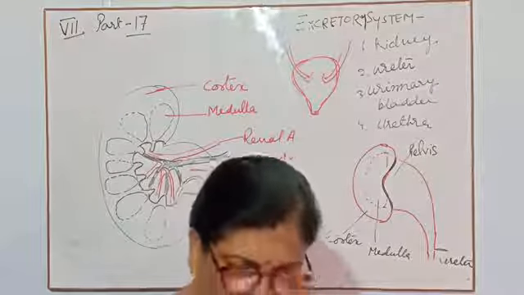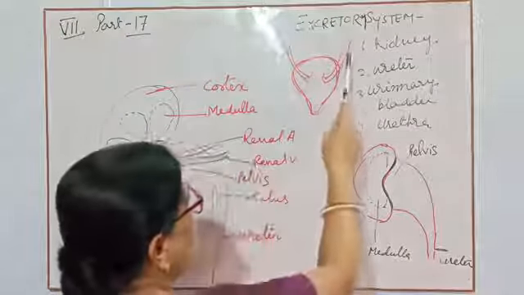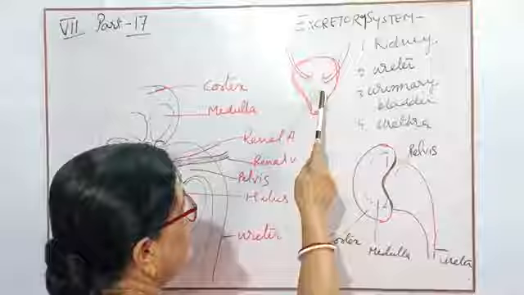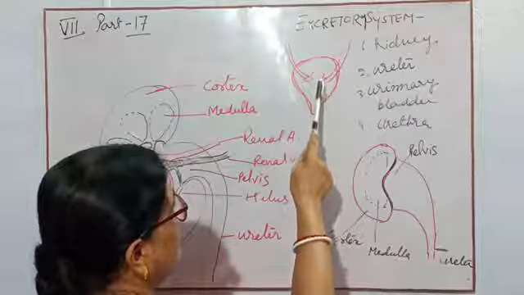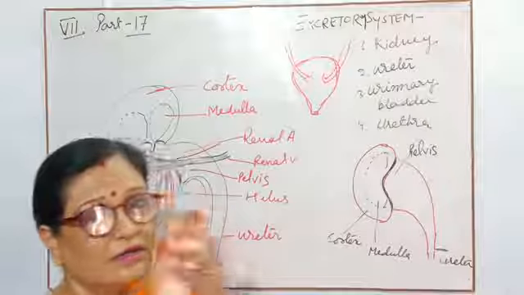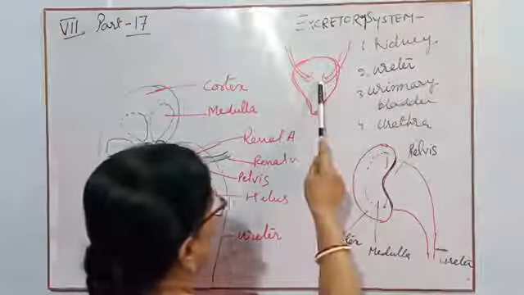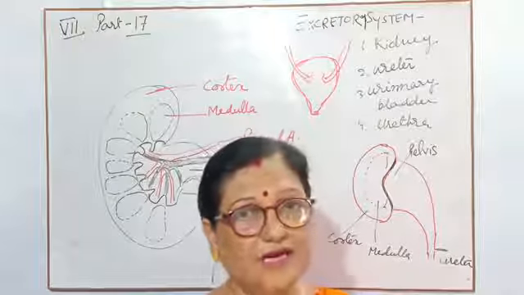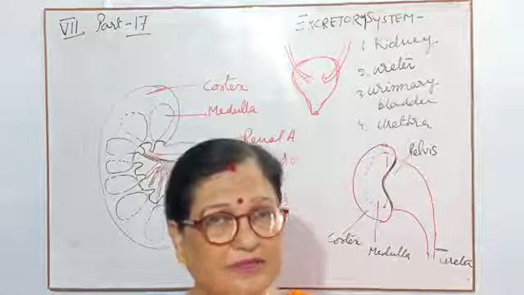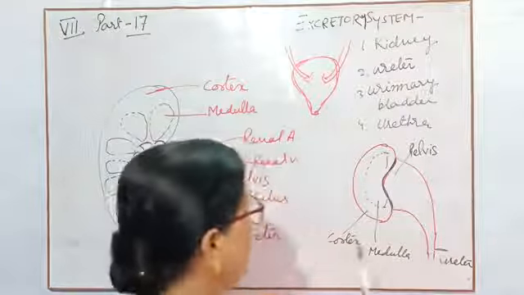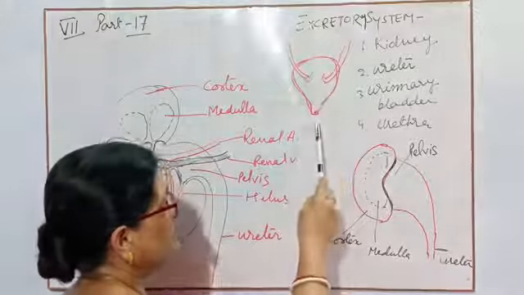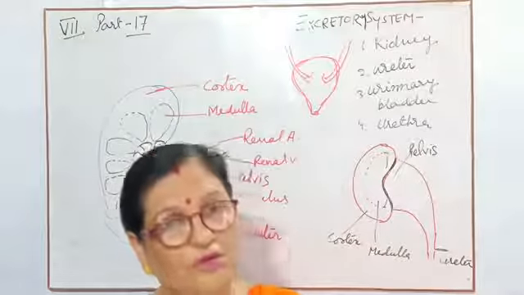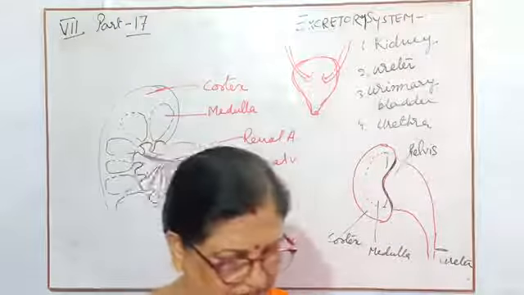The main benefit is that whatever urine is inside the bladder, no urine can go back to the ureter. That's why the end portion of the ureter is always J shaped, like the handle of an umbrella. You can get the example very easily. Now this is the urethra. From the urethra, urine comes out from the body. So these are the four main parts of the excretory system.